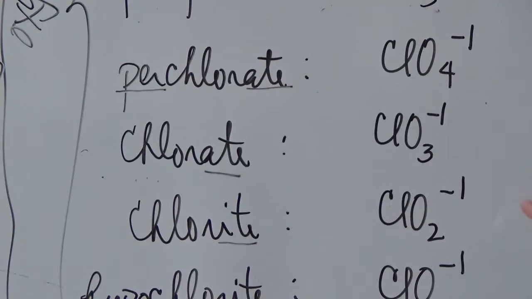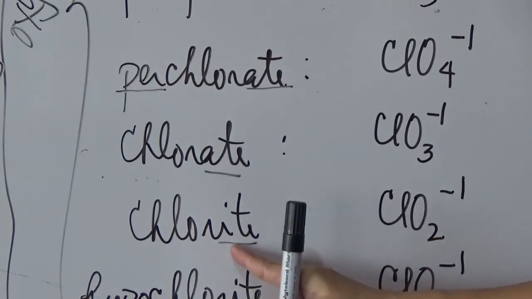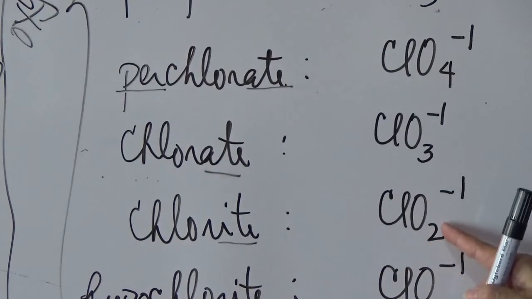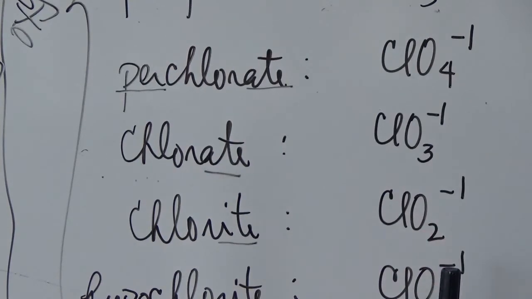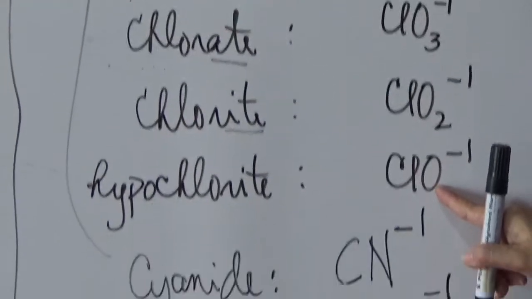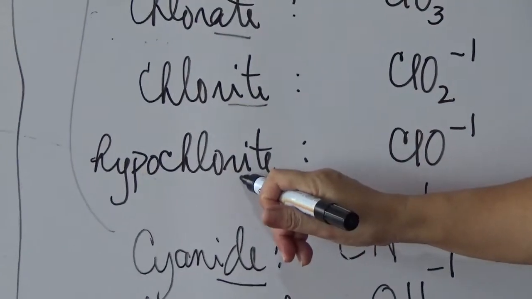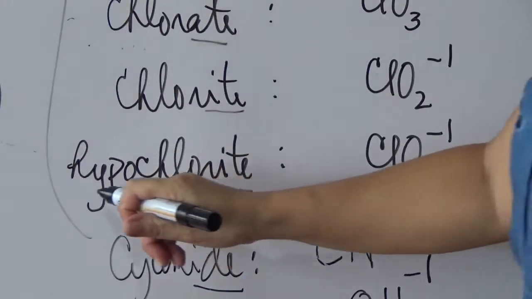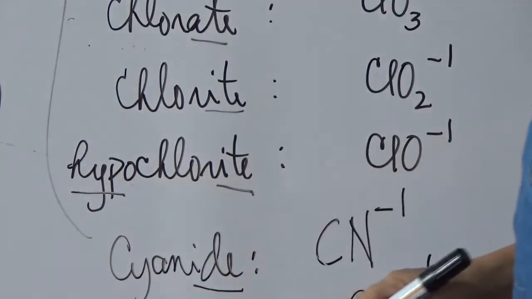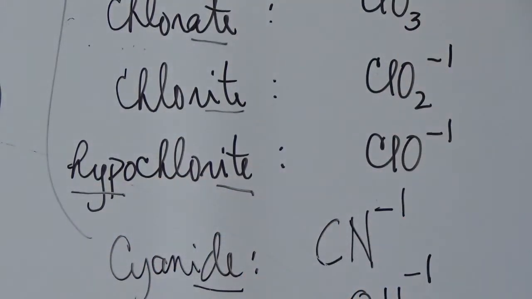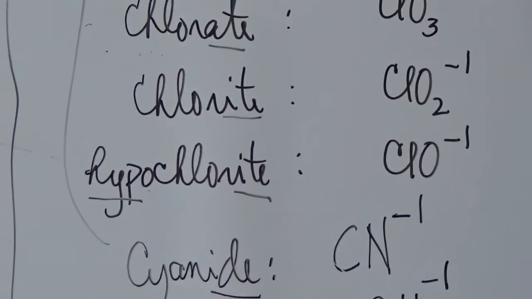If you know already that ClO2 is chlorite, ite, then the one lower than ClO2 will be ClO. Still the suffix will be ite, but there must be a prefix hypo. The meaning of hypo is lower.